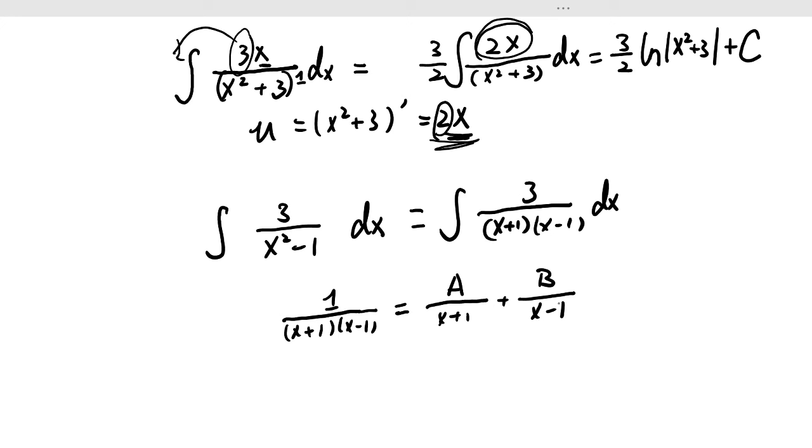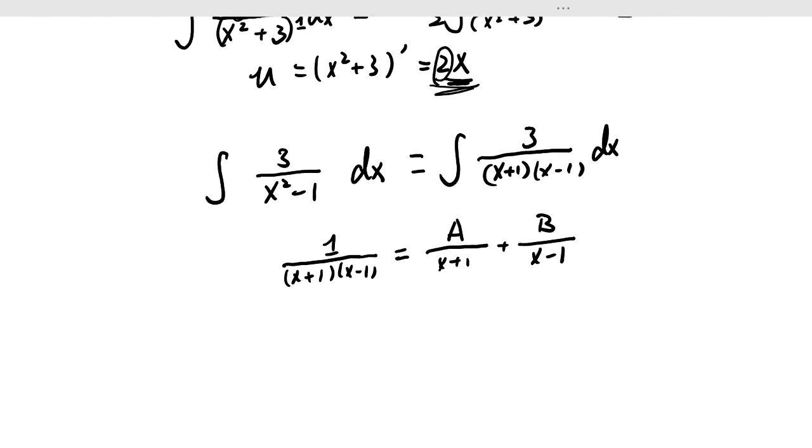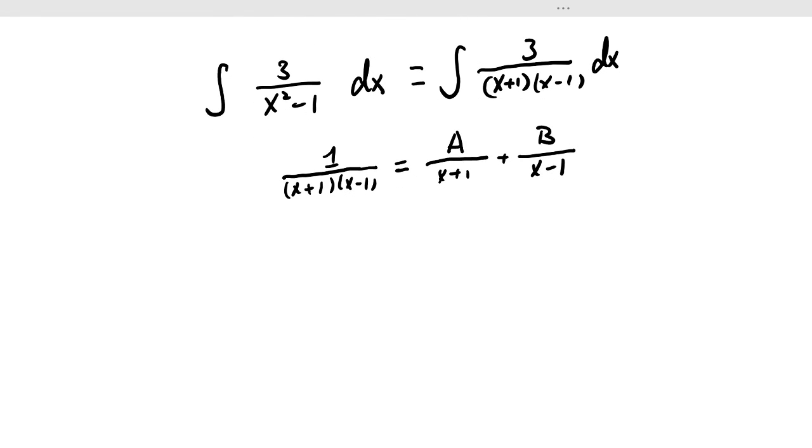So now let's find a and b. There are two different ways to find a and b, and I'm going to teach you. The first way is to assign a value. Let's do that. Method 1. What we're going to do is combine these two fractions, which means we are adding these two fractions.